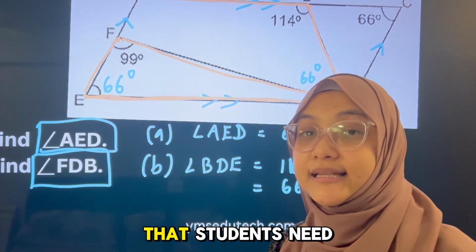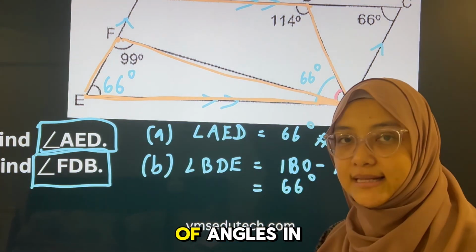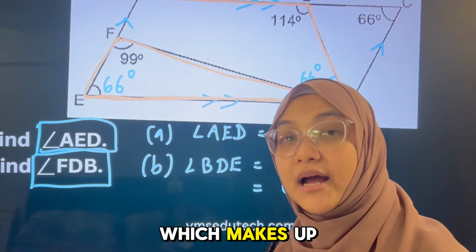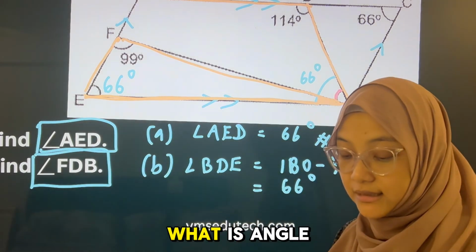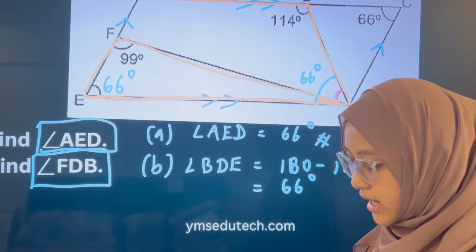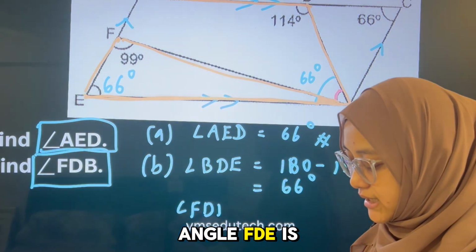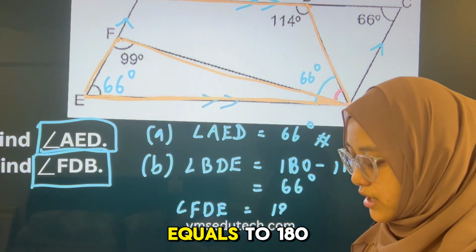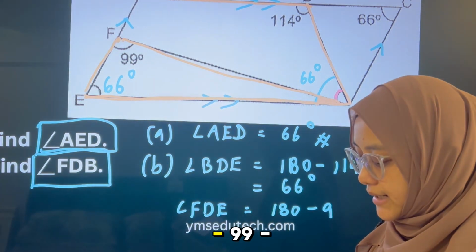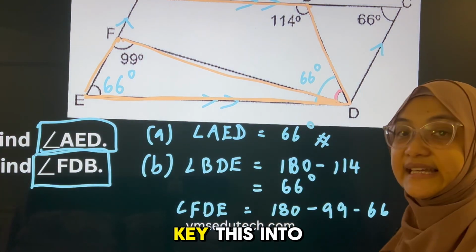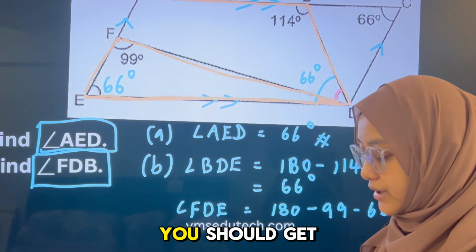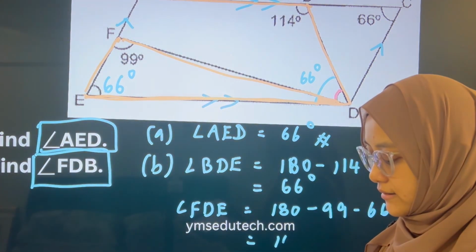The next property that students need to know is the sum of angles in a triangle, which makes up 180 degrees. Let's find out what is angle FDE first. Angle FDE is equal to 180 minus 99 minus 66. Key this into your calculator. You should get 15 degrees.